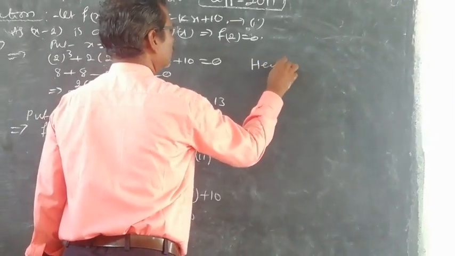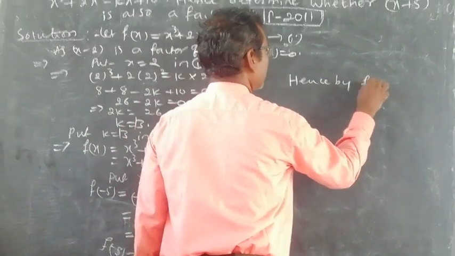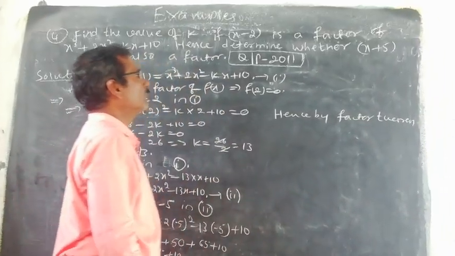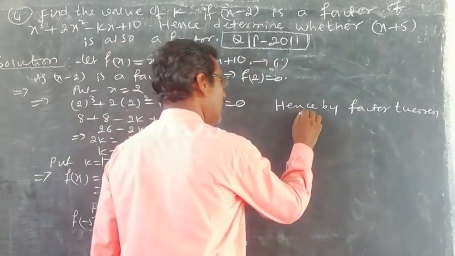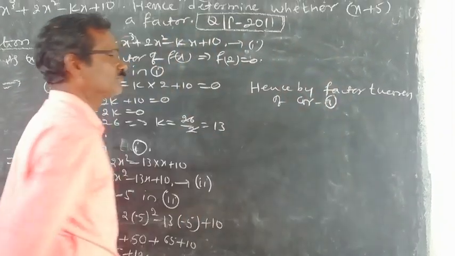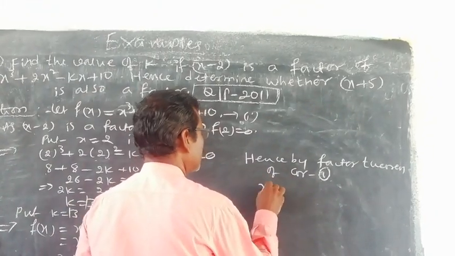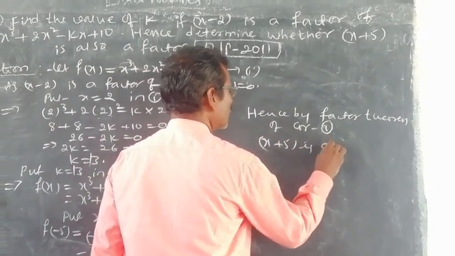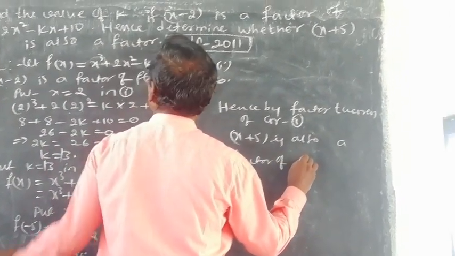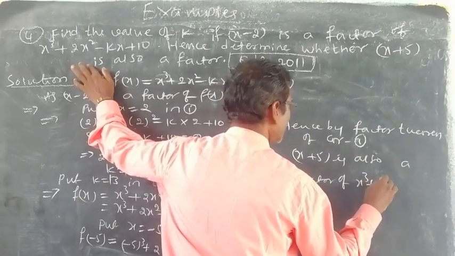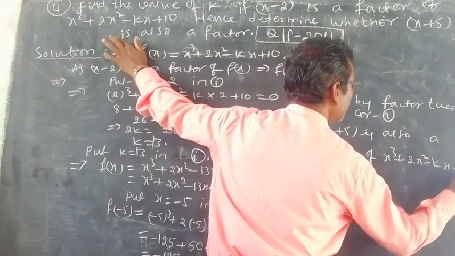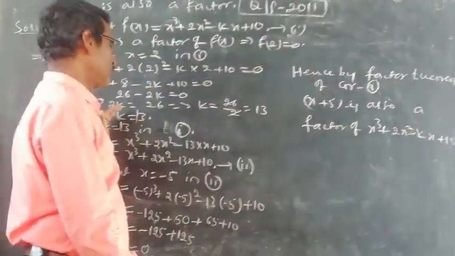Hence, by corollary 1, x plus 5 is also a factor of the given polynomial x cube plus 2x square minus 13x plus 10. So this is how the problems will proceed.